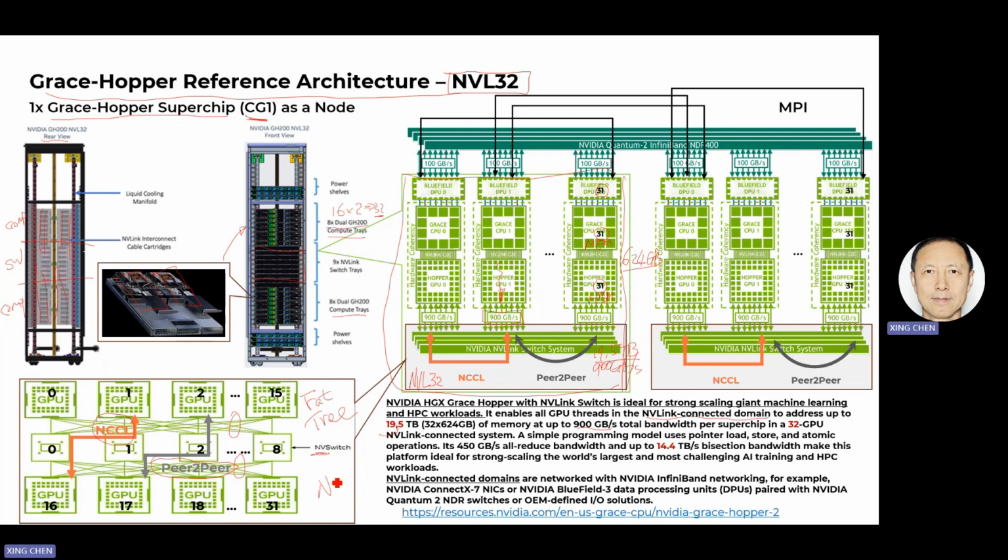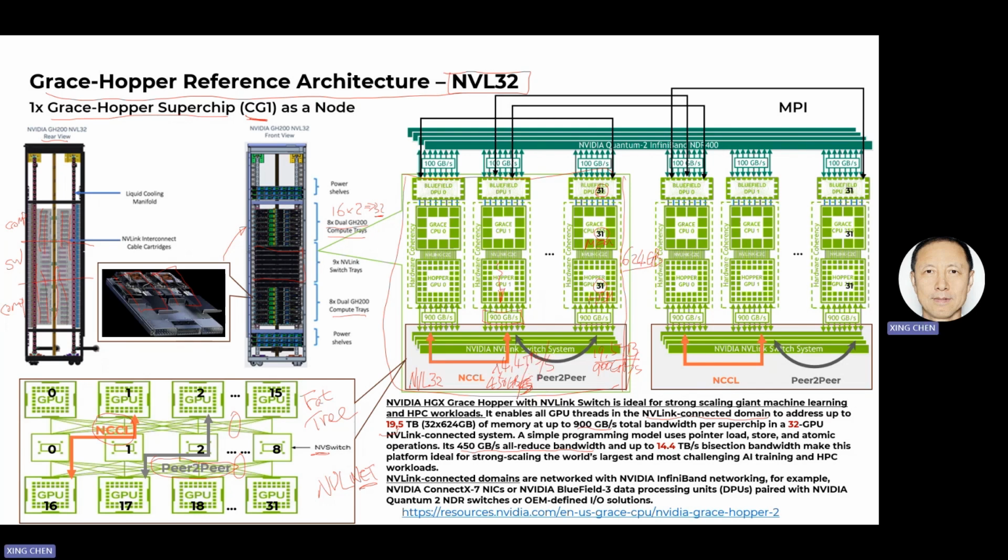This NVLink network has 450 gigabytes per second as the all-reduce bandwidth, and up to 14.4 terabytes per second bisectional bandwidth. Okay.